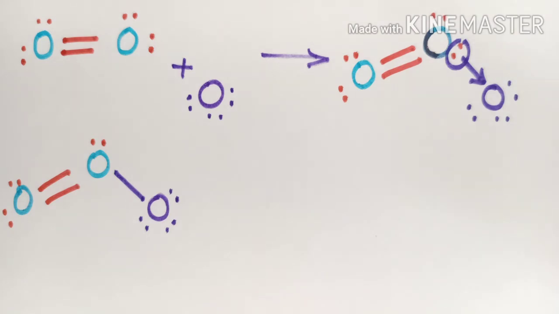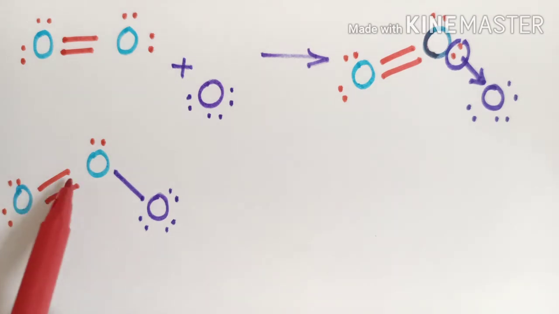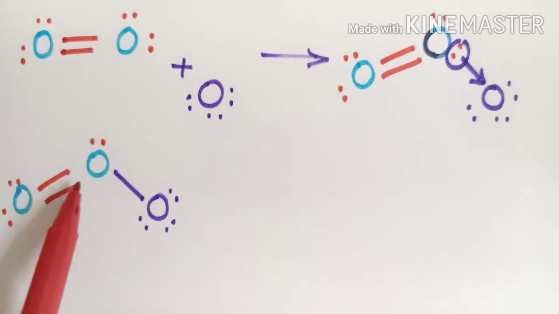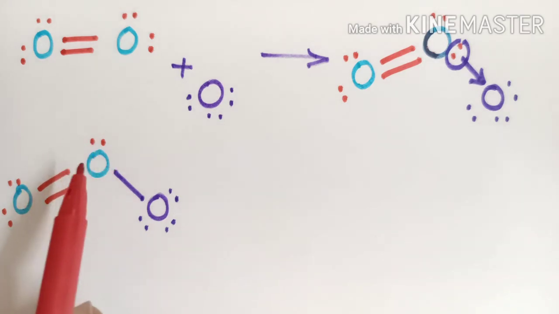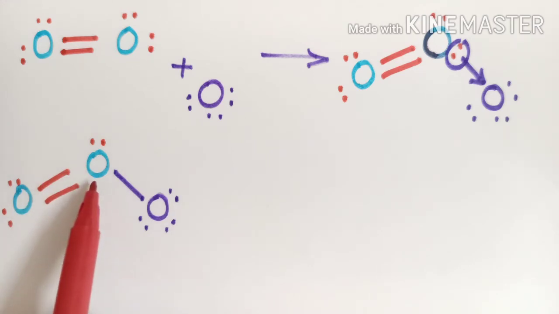Check the charge on each atom. First oxygen, you find the total number of valence electrons become 1, 2, 3, 4, 5, 6. That means this is neutral. What about the case with the middle oxygen? Here you find that 1, 2, 3, 4, 5. Only 5 electrons are owned by this oxygen.